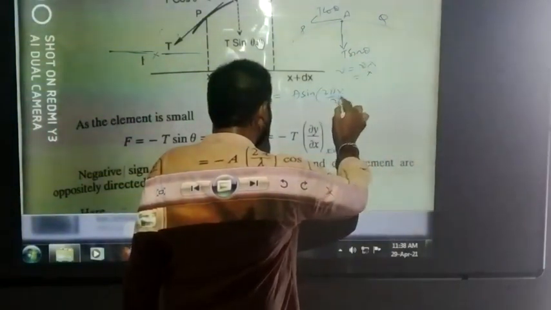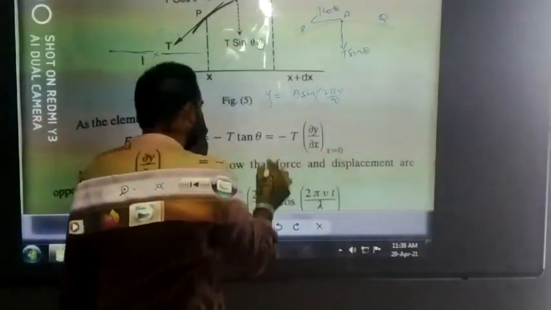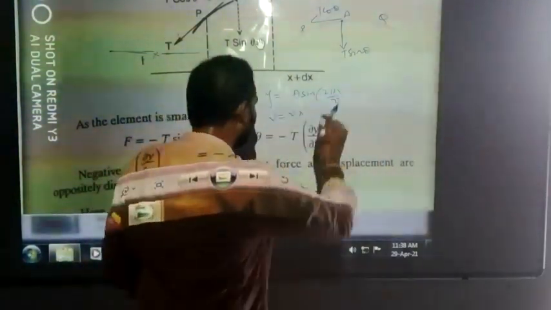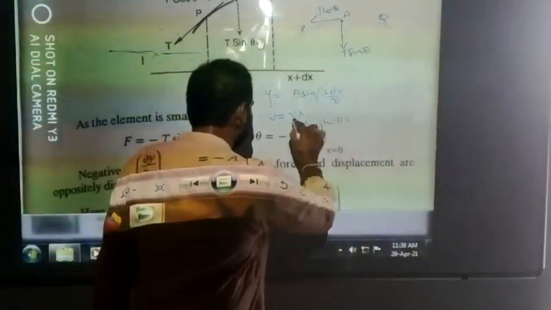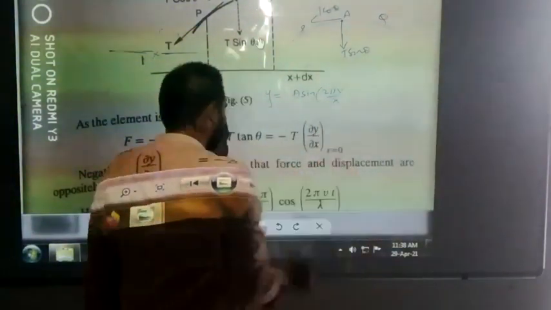So we will get v/ν here, so v/λ. v = νλ. Here actually ω = 2πν, so ν can be written as v/λ.